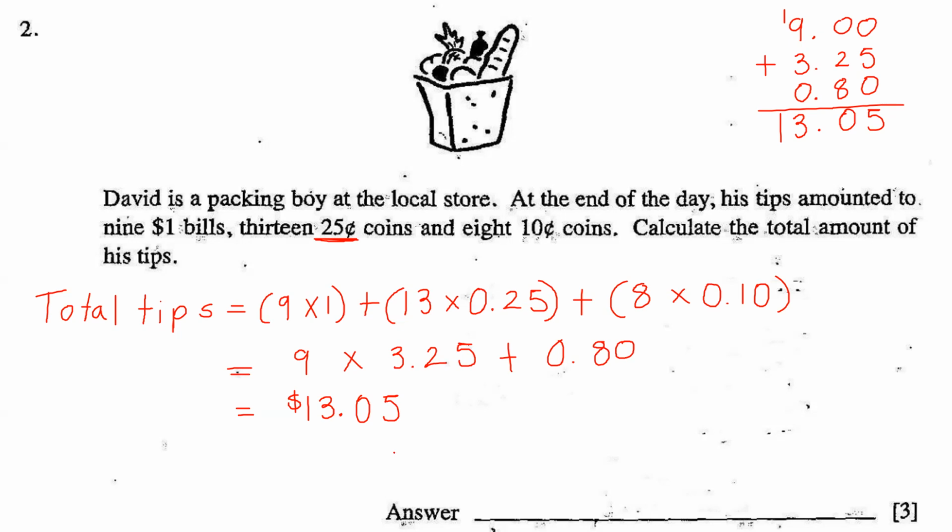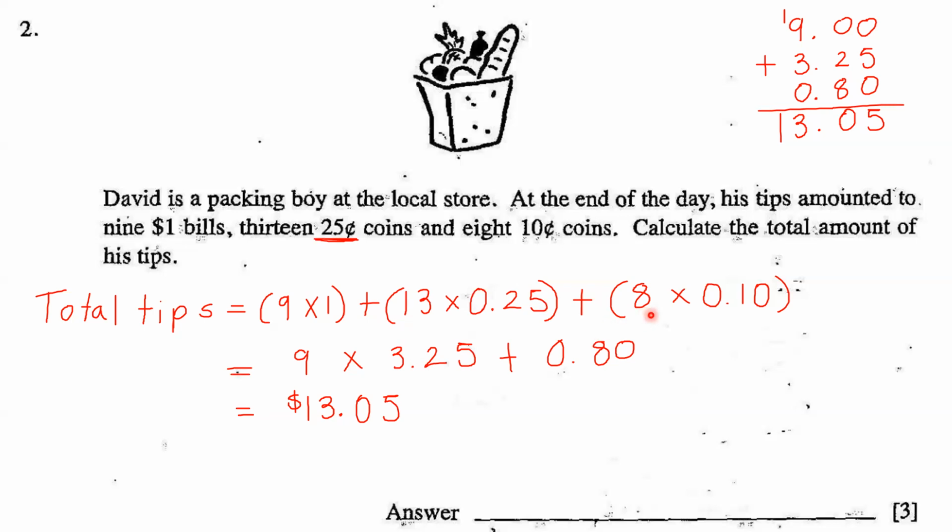So, Chai, can you explain how we got 13.05? Yes, sir. First, we times 9 times 1, which would give us 9. Then we times 13 times 0.25, which gives us 3.25. Good.